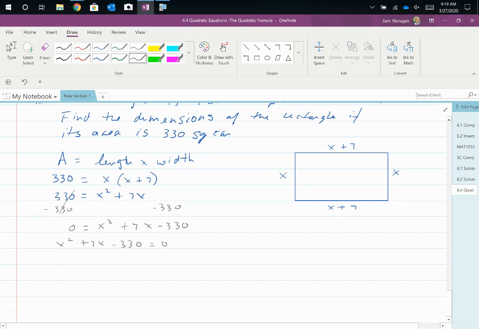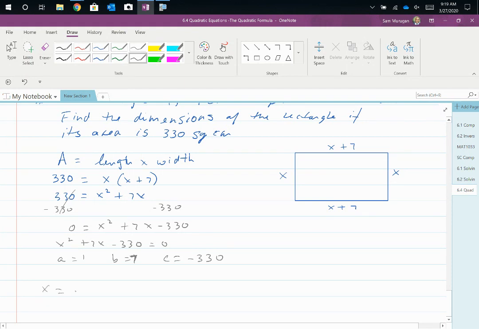Just a little personal quirk. Believe it or not, this equation can be factored, but it's reasonably difficult to factor it. So we're going to use the quadratic formula to solve it. B is equal to 7, C is equal to negative 330.